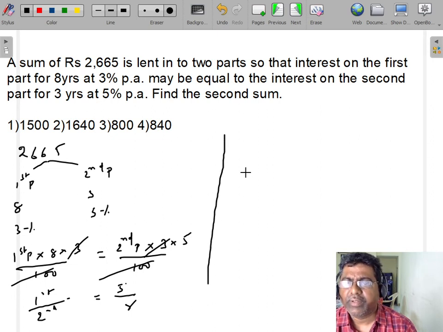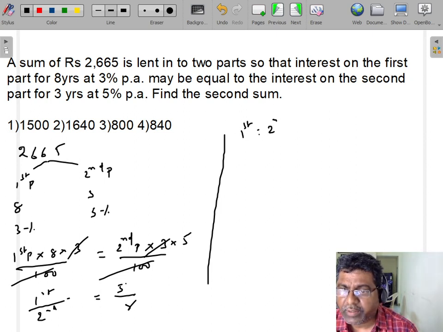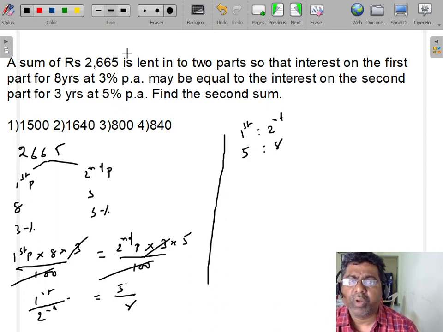Now see here. Now I know the ratio, first is to second. The ratio is 5:8. Now I know the total sum also, and I want to find out the second part.